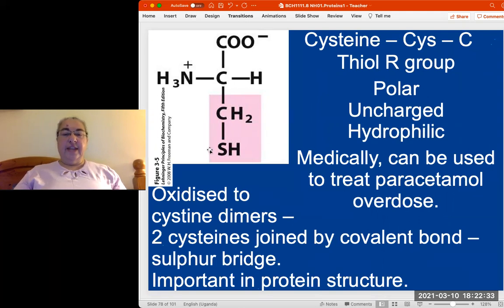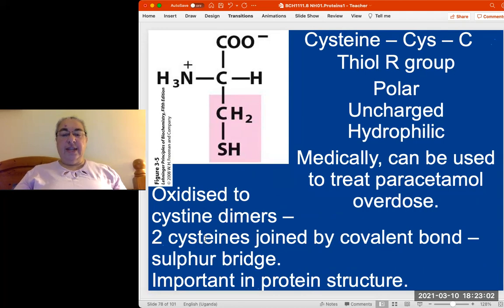This is the second amino acid that contains sulfur, and you'll see that the sulfur here is at the end with just a bond to a hydrogen. Usually when a cysteine is found in a protein, it's bonded to a second cysteine to make a structure called a cysteine dimer.